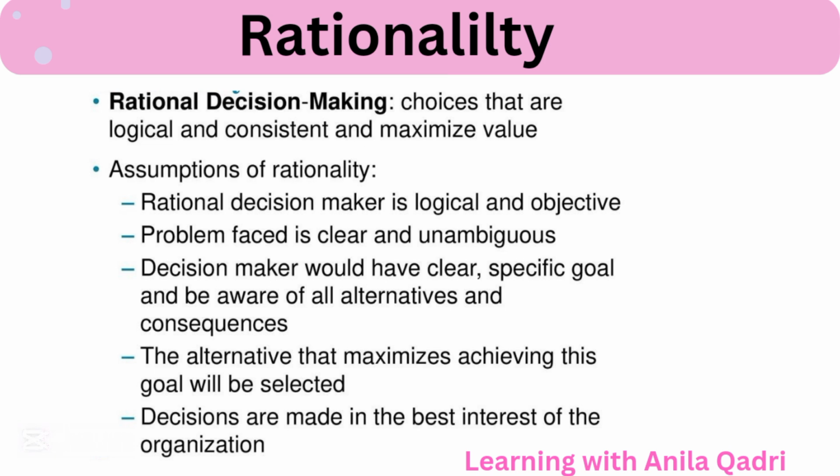The decision maker would have a clear, specific goal and be aware of all alternatives and consequences. The alternative that maximizes achieving this goal will be selected. Decisions are made in the best interest of the organization.